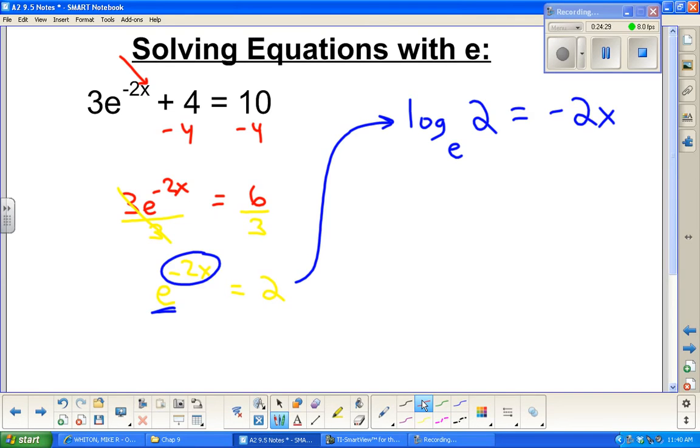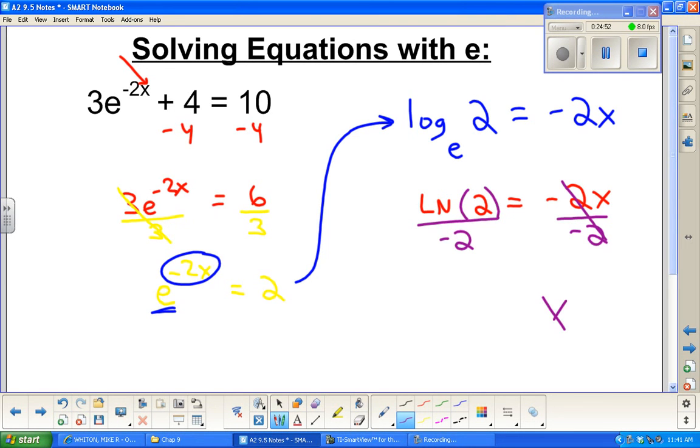The new thing we just mentioned: if the base is e, then it's a natural log. So we're going to use the natural log of 2 equals negative 2x. And to solve that for x, we will just divide both sides by negative 2. Don't forget, you're not dividing the 2 by negative 2. We're dividing the natural log of 2 by negative 2.